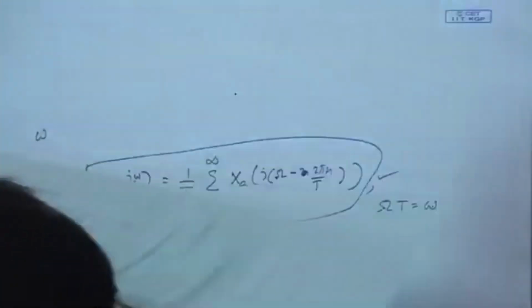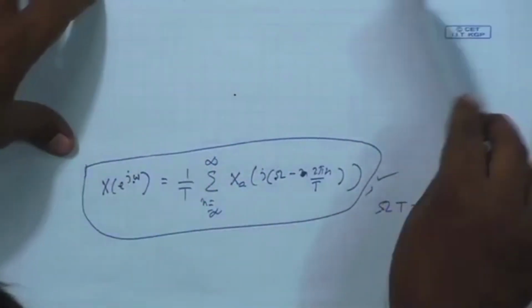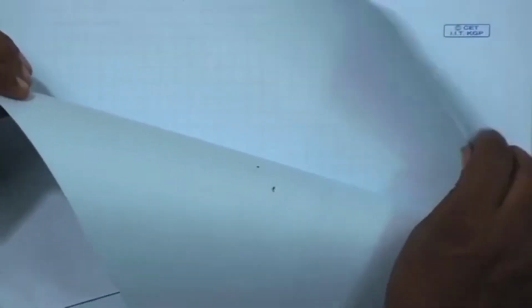Now, again I come back to that relation we have derived, and we see its interpretations and all that. So, we will now consider an example. Okay. I rewrite that result here.